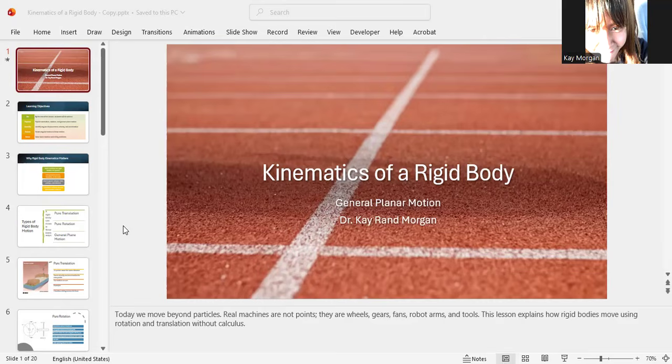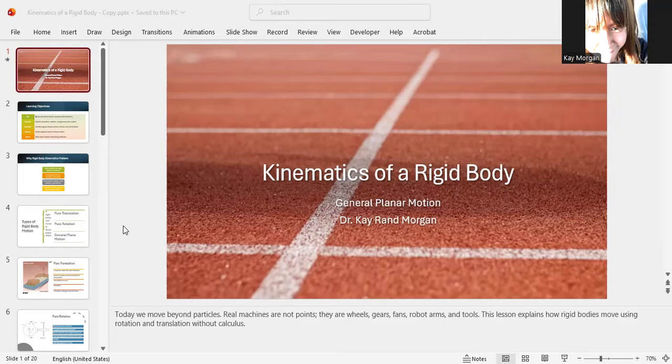This means motion that happens on a surface or a plane, where one object can translate and rotate at the same time. It's really important that you know the objects translate and rotate at the same time. A classic example is a wheel rolling on the ground.